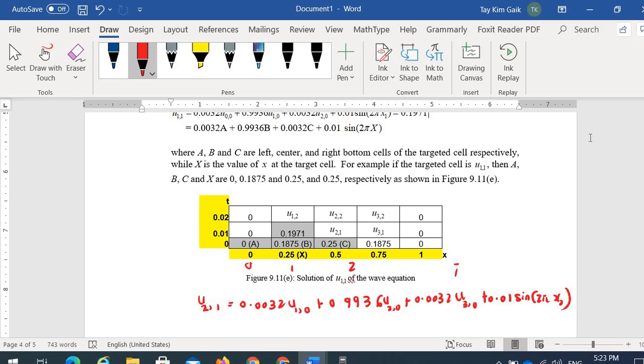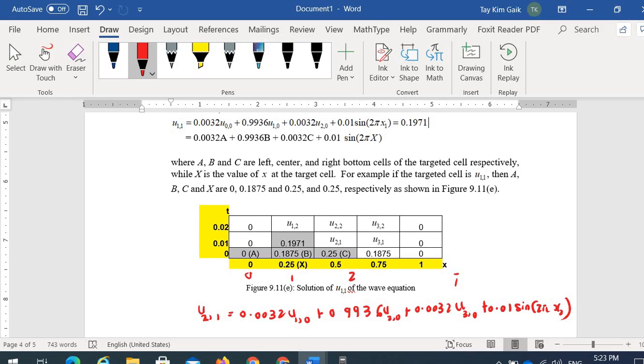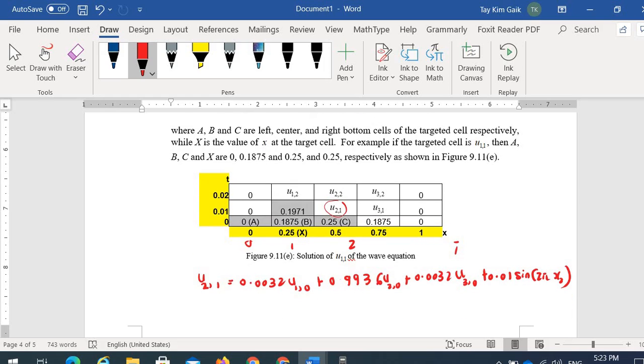See here, you want U21? Okay, this is your left bottom, the center bottom, the right bottom. If you now target here, your left bottom is U10, center bottom is U20, right bottom is U30, and the x is at 0.5. Okay, if you copy manually, you write this one, and later you need to write again.